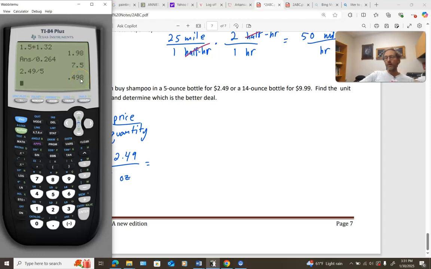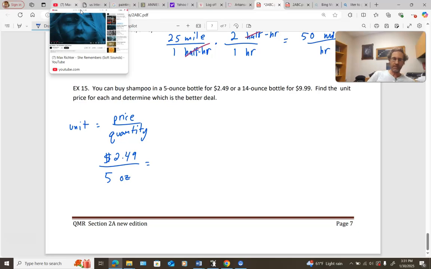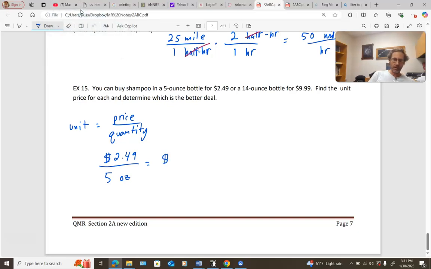Okay, because we're talking about money, I'm going to round this to 2 decimal places. So this 8 would bump that 9 up to a 10, which would bump that 4 up to a 5. So this would become 50. This is like 50 cents, or in other words, 0.50 which is the same as 50 cents per ounce.